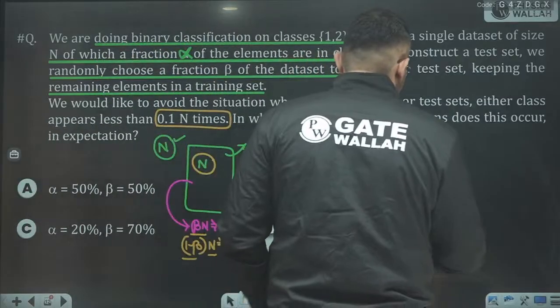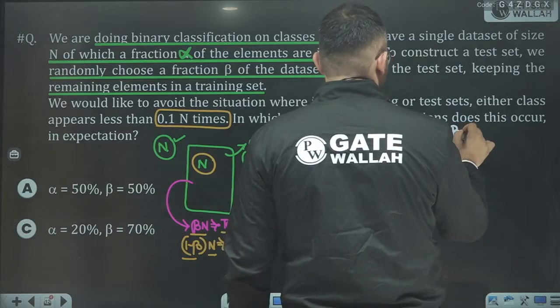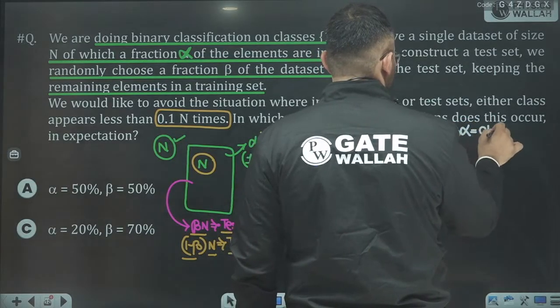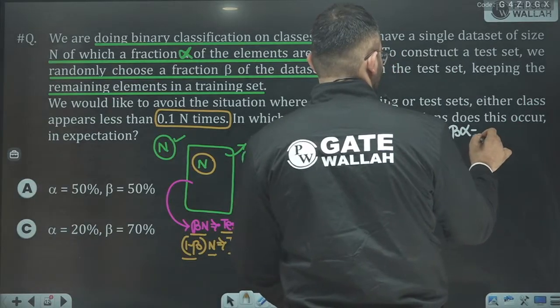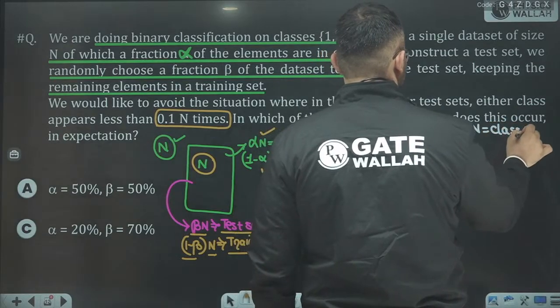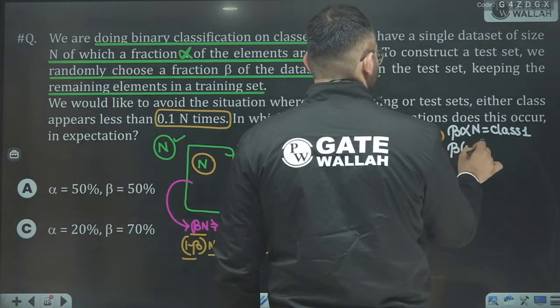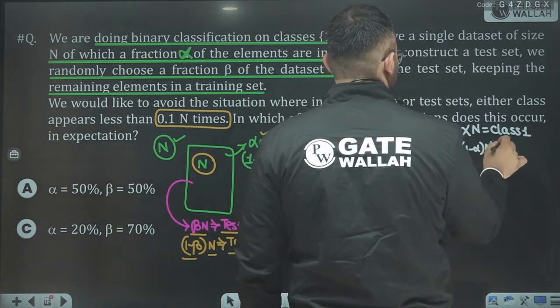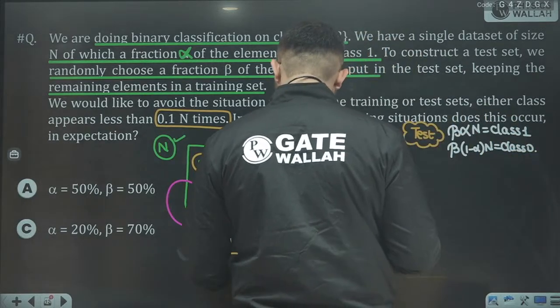So we can say that in the test set, beta into alpha into n is the number of class 1 points. Beta into 1 minus alpha into n is class 0 points, in the test set.